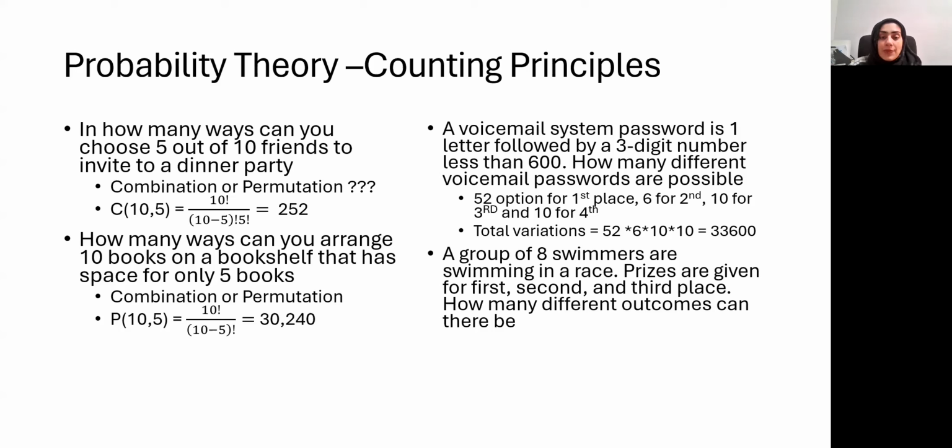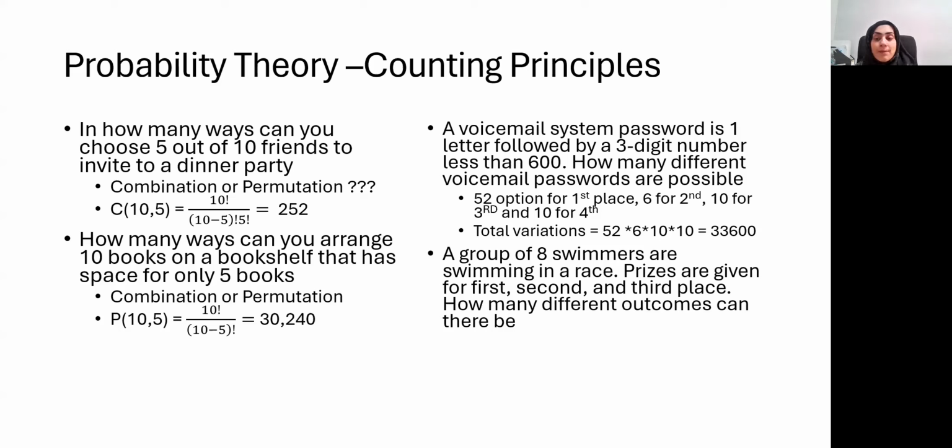Here is another example. It says that a group of 8 swimmers are swimming in a race. Prizes are given for the first, second, and third places. How many different outcomes are there? So now again, we need to first understand and find out if it is to be solved using the permutation expression or the combination. Does the order of the arrangement of items that we pick from the pool matter or not?